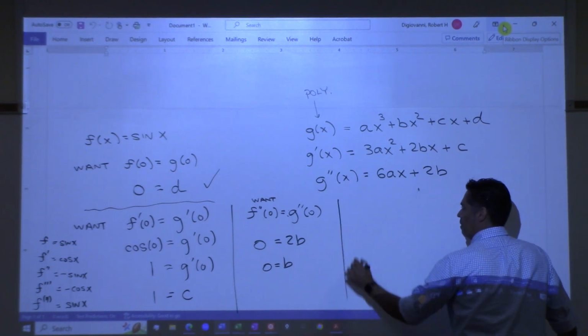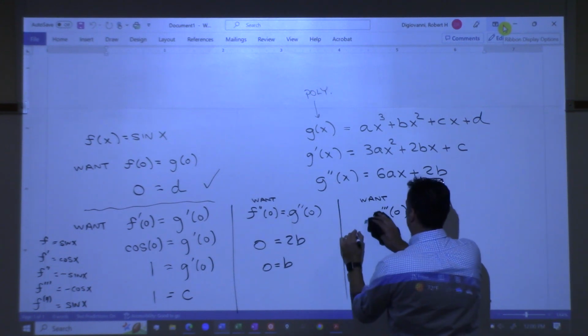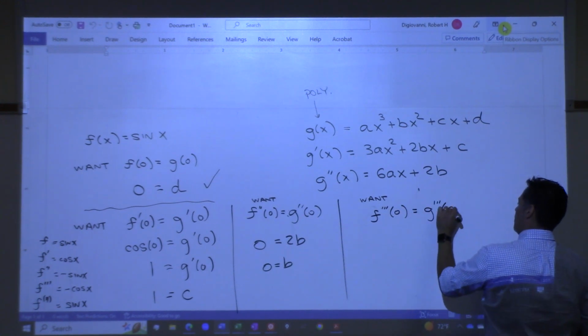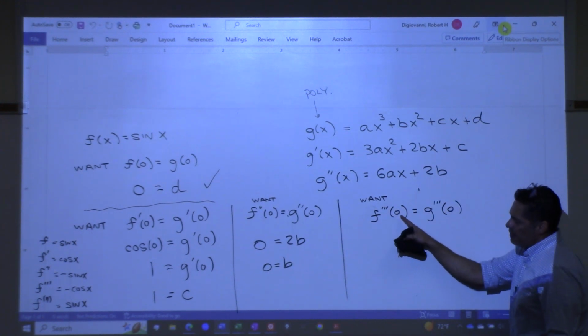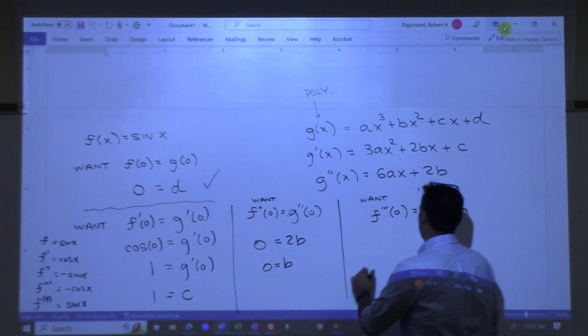One more. I want the third derivative of f at 0 to be equal to the third derivative of g at 0. What's the third derivative of f at 0? Negative 1.